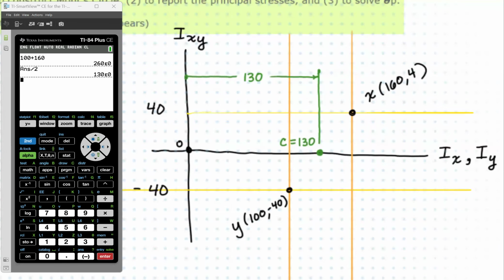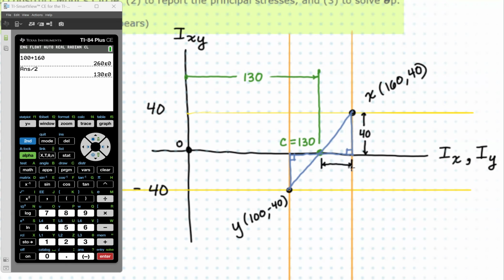Next, we get to do a little bit of trigonometry. If I find this triangle or this one, they will always be the same triangle, and they'll always have 40 as this vertical piece here. And we need the base of the triangle.